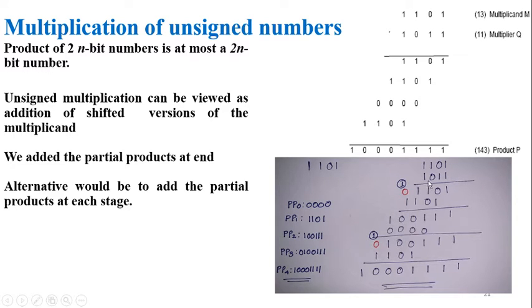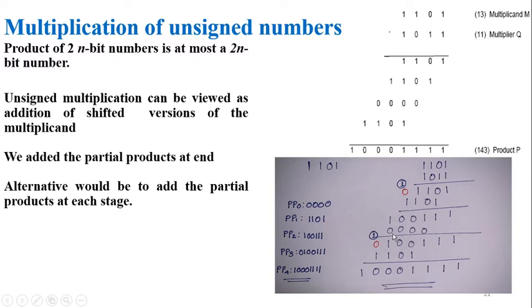Okay, so while multiplying with the third bit, which is 0, we perform a 2-bit left shift. Then write down four zeros here, because we are multiplying the multiplicand with the third bit of the multiplier, and the third bit of the multiplier here is 0. While multiplying with 0, no need to consider the multiplicand.